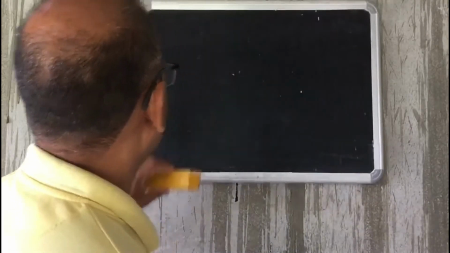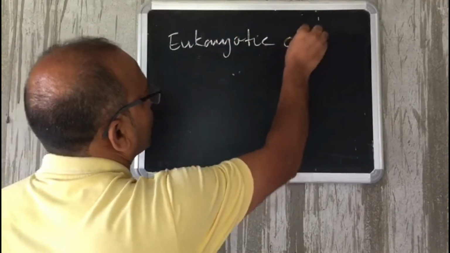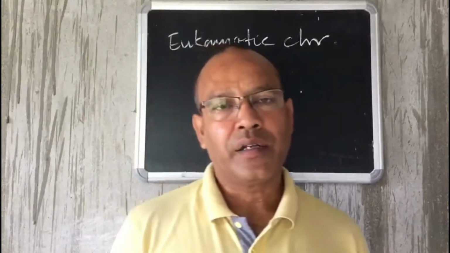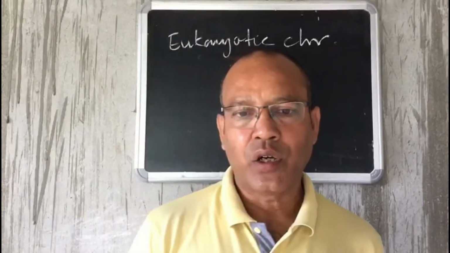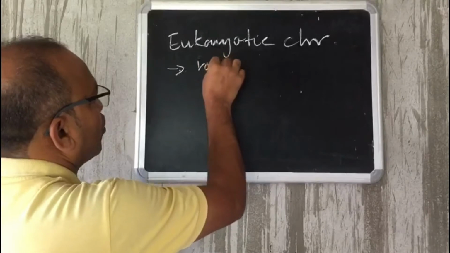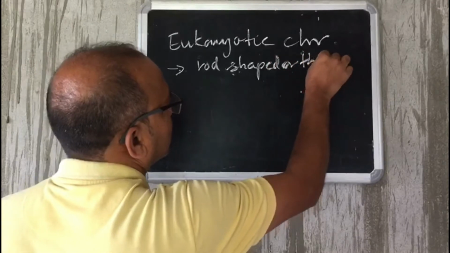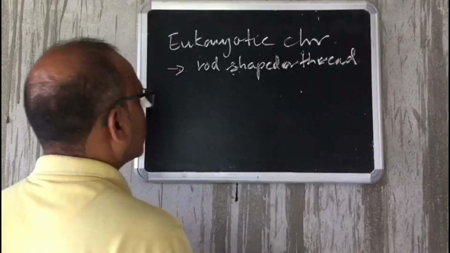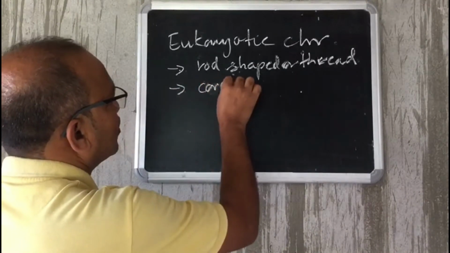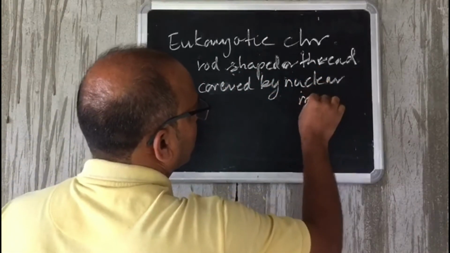Now we go into brief about eukaryotic chromosome. Eukaryotic chromosomes, as we know, are rod-shaped or thread-like and covered by a nuclear membrane.